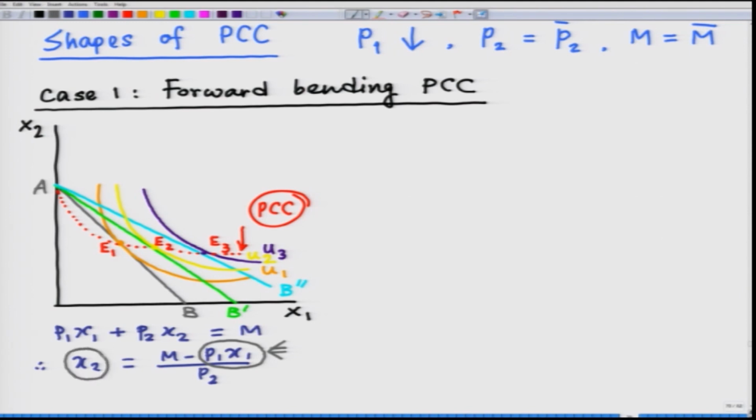So, depending upon the value or the behavior of P 1 x 1 with respect to price 1 change, we see that x 2 can change. So, here in this case we see x 2 is continuously falling.